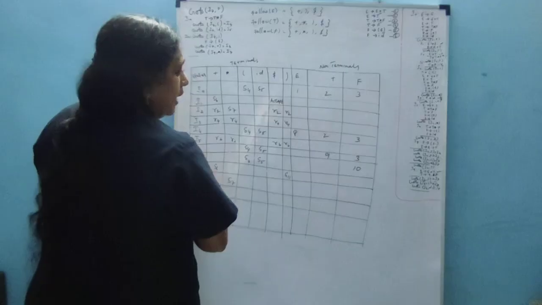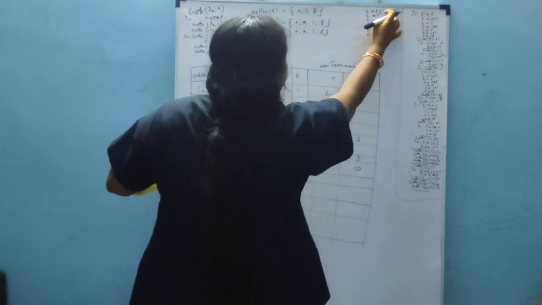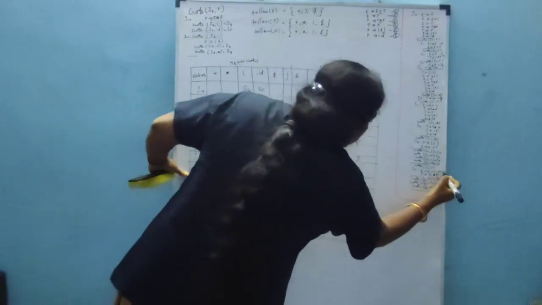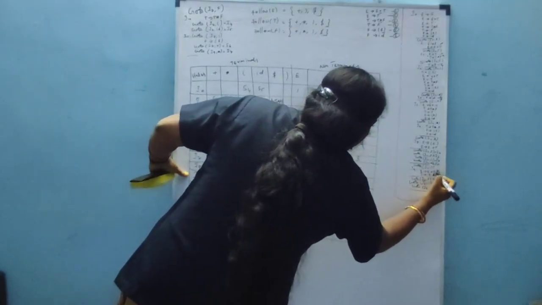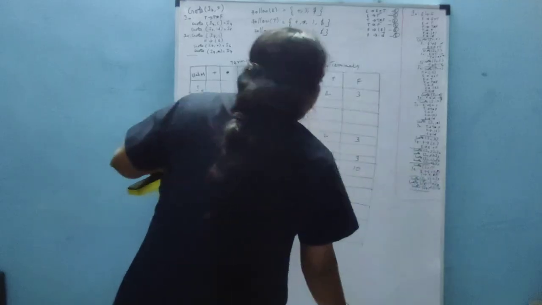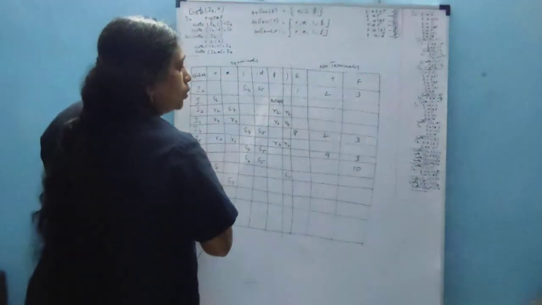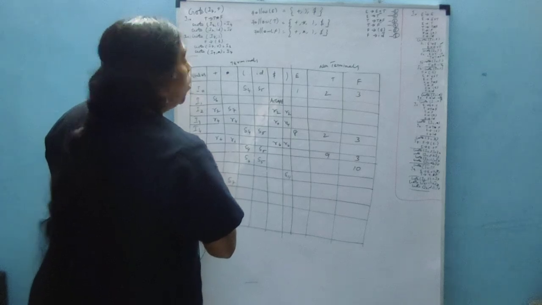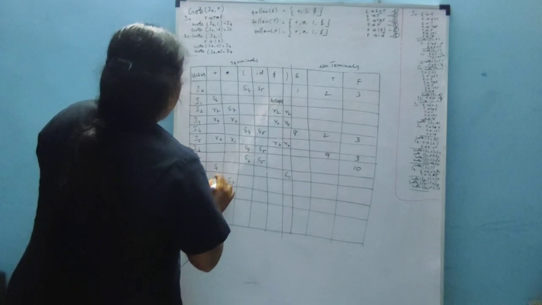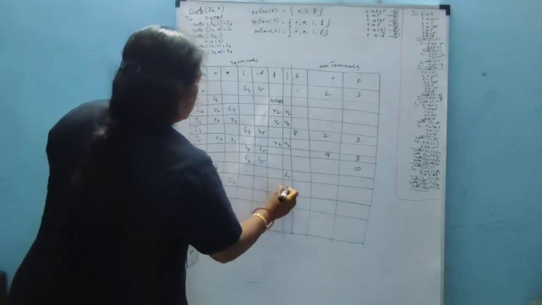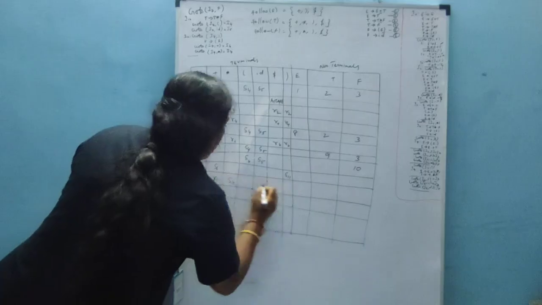The production E tends to E plus T is number 1, so I am writing R1. In state number 9, how to write R1: follow of E, so I9 comma plus, close bracket and then dollar, writing R1.